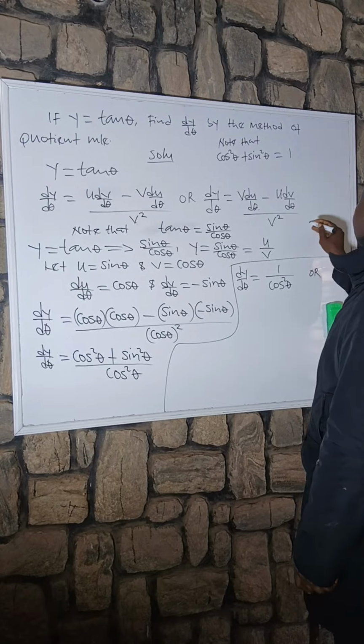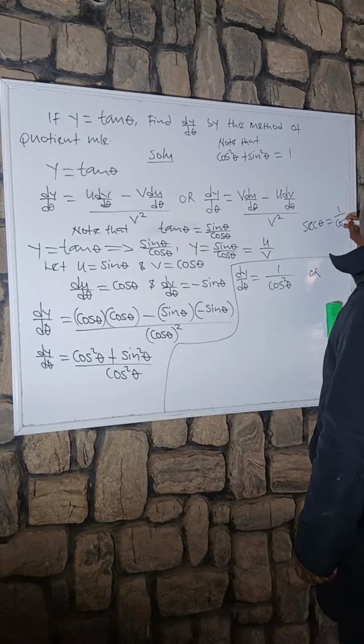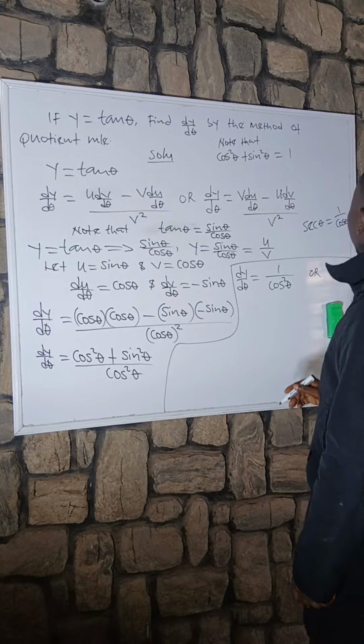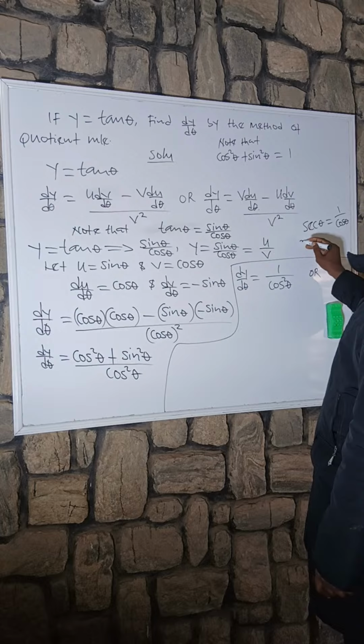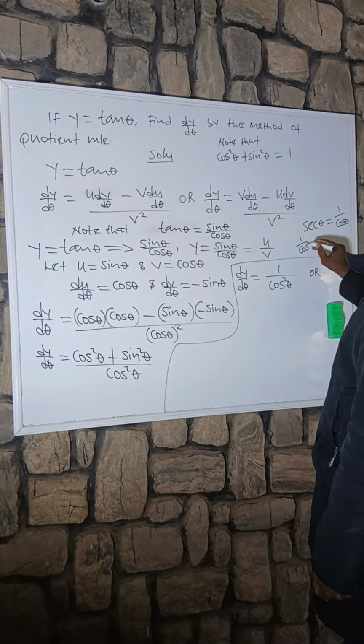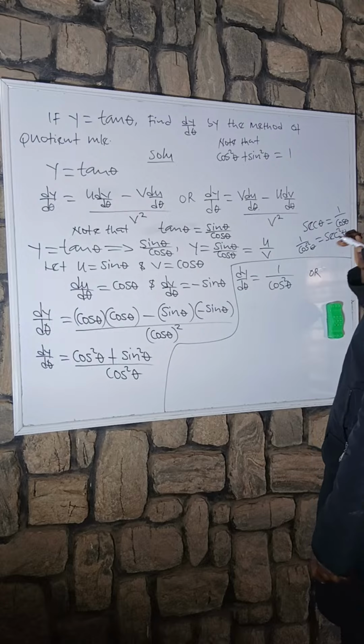Either you leave it like this, or you know that sec θ is equal to 1 over cos θ. So if we now have 1 over cos squared θ, this is the same thing as sec squared θ. Take note.